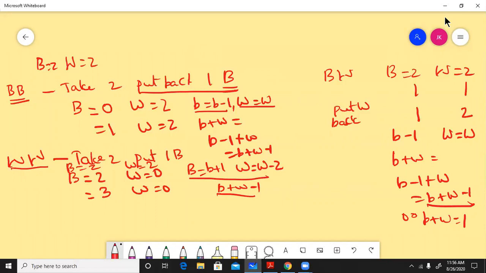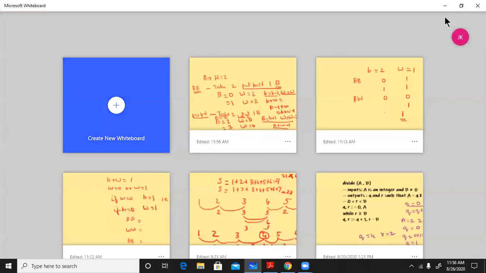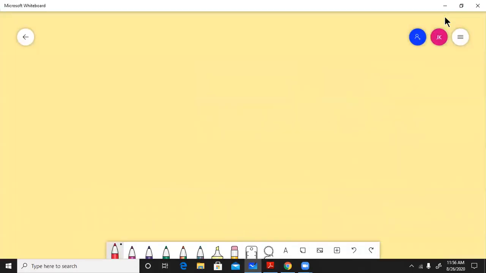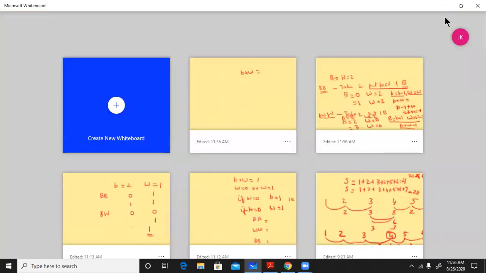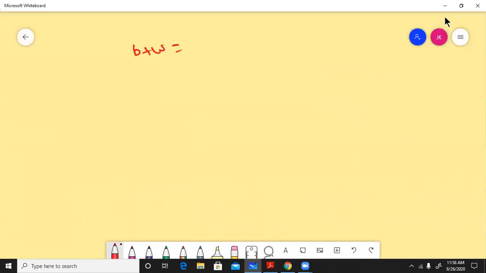Now, coming back to the explanation, they say that B plus W is equal to 1 means if W is equal to 0, my B must be equal to 1.